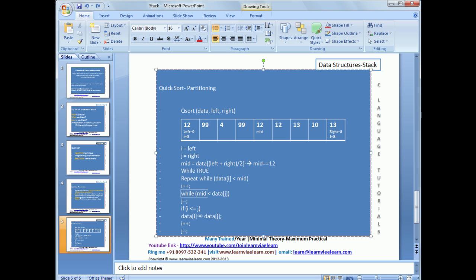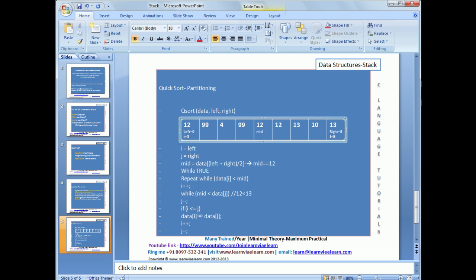Now we will check if the value of mid is smaller than data at j. So here what I'm trying to say is, is 12 smaller than 13? Data of j, data at 8, is 13. Yes, it is smaller than. So we will decrement the value of j here.